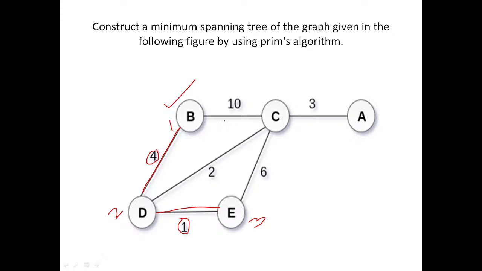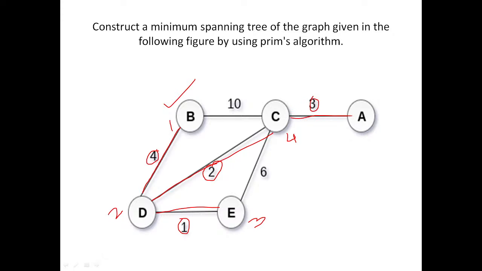Among 10, 2 and 6, the possible edge weights, which one is the minimum? That is this one, so we will consider this edge in our minimal spanning tree. And again for C, which is our fourth vertex to explore, there are two adjacent edges. We will take the minimum one among 10 and 3. Obviously 3 will be considered.